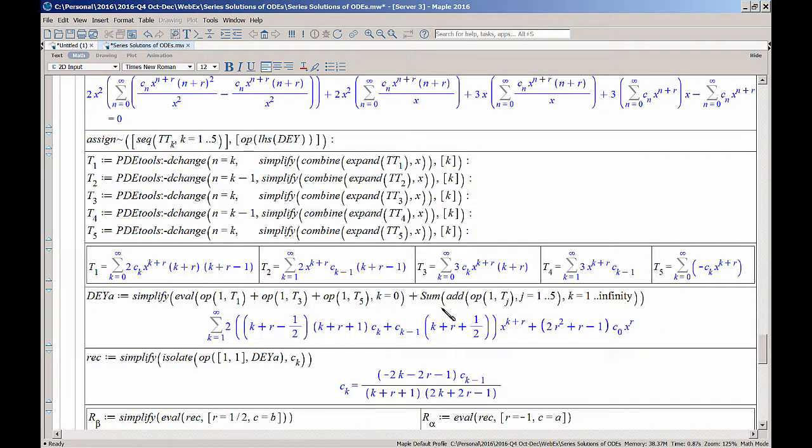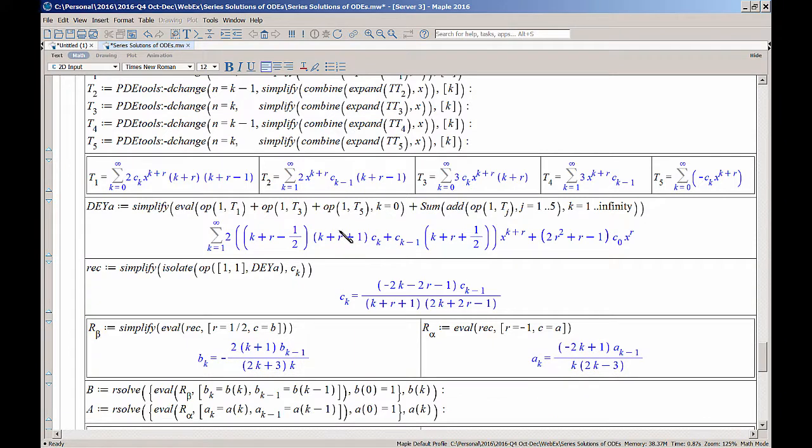And then I have to build all 5 sums, 2 that will start at 1, and 3 that I will now have made start at 1. And so I have to go to the summands, which is what I'm doing here, op, all 5 of them, add them together, and let k go from 1 to infinity. So this is the chunk that I get when I work by hand and have the series part, and then this is the part that gives you the indicial equation. Okay, so let's grab this recursion.